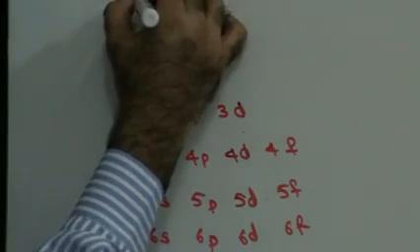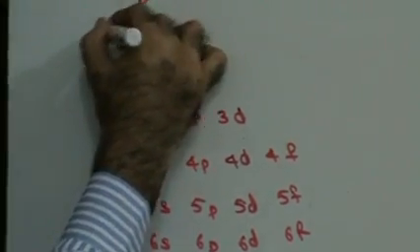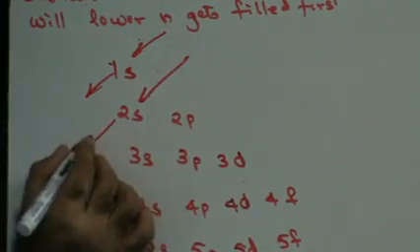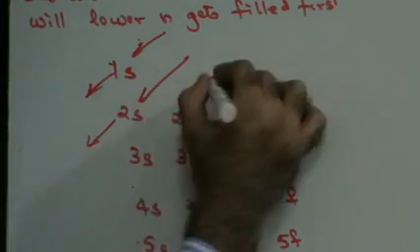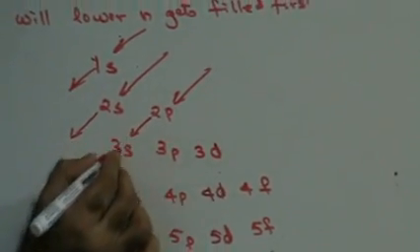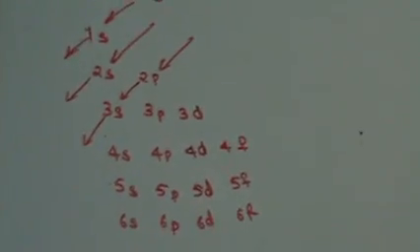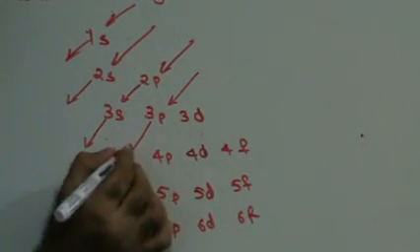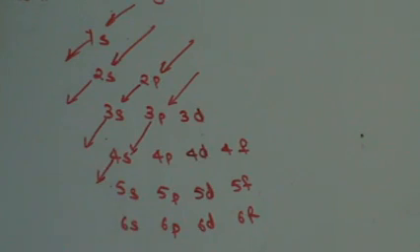Now, the orbitals are going to get filled this way. First the 1s orbital will get filled. Then diagonally the 2s orbital will get filled. Then you will have 2p. Then 3s. Then this will go to 3p. After 3p, 4s will get filled first.